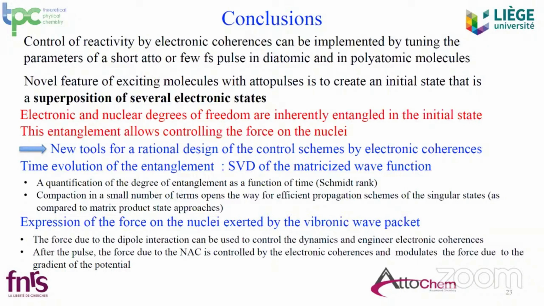Because it depends on my representation, right? My electronic coherences are between adiabatic states. And now I don't have time to show that, but if you look in the singular components, they are also not eigenstates. They are some kind of eigenstate of this matrix, how I choose to decompose to build my rectangular matrix.